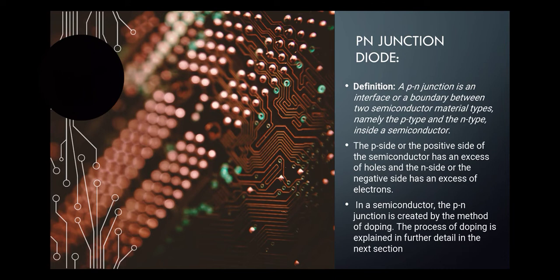The P side, or the positive side of the semiconductor, has an excess of holes, and the N side, or the negative side, has an excess of electrons. In a semiconductor, the PN junction is created by the method of doping. The process of doping is explained in further detail in the next section.